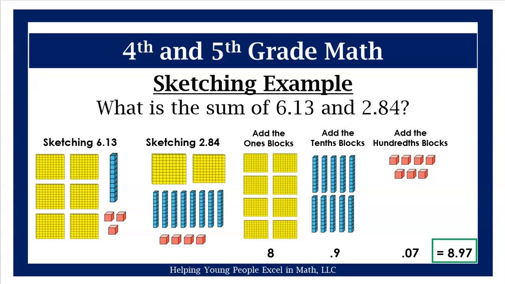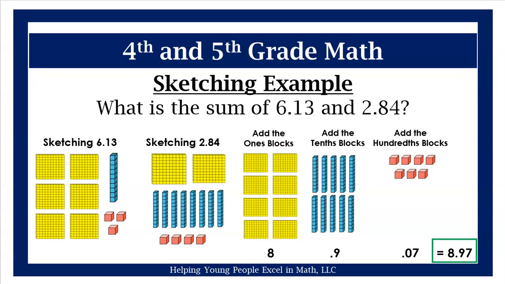Now let's look at sketching for 2.84, or 2 and 84 hundredths. We have 2 blocks to represent our whole number 2. We have 8 tenths blocks to represent the 8 in our tenths place, and we have 4 hundredths blocks.